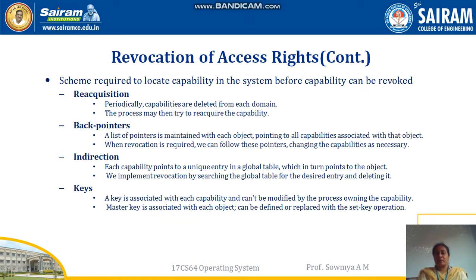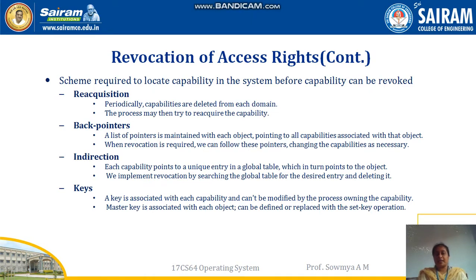Next is back pointers. A list of pointers is maintained in each object pointing to all capabilities associated with the object. When revocation is required, we can follow those pointers, changing the capability as necessary.